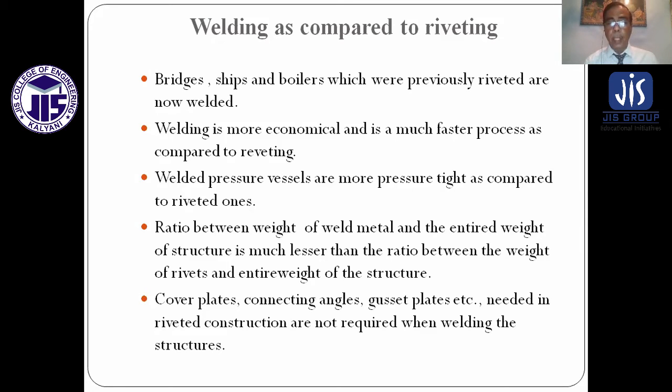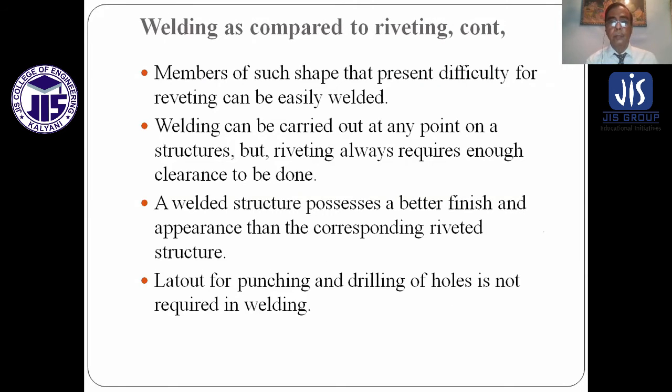Cover plates, connecting angles, gusset plates, etc. needed in riveted construction are not required when welding is done. Members of such shapes that present difficulty for riveting can be easily welded.